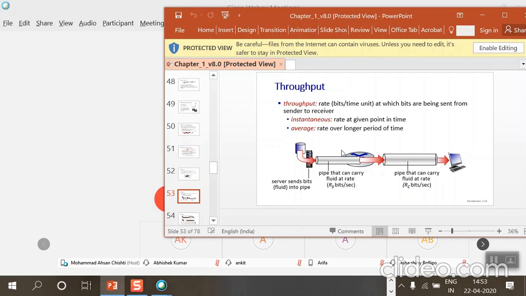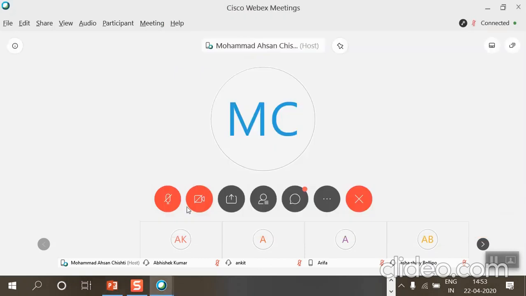This should be the end of our topic for today, right? I'll take tomorrow the lab in which we'll try to understand these terms like delays, the throughput and so on.